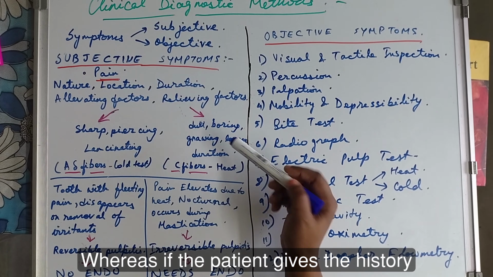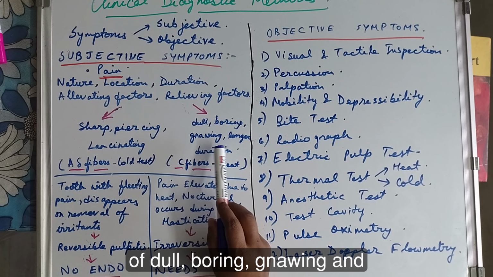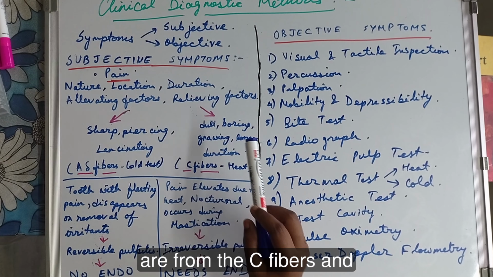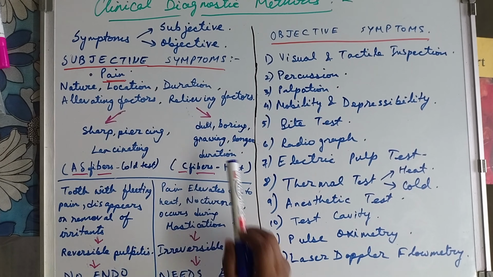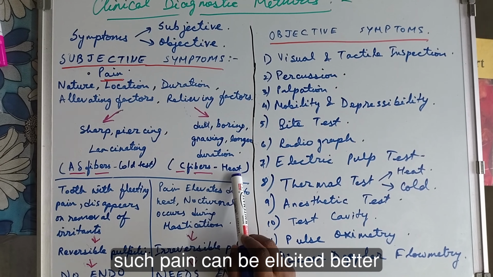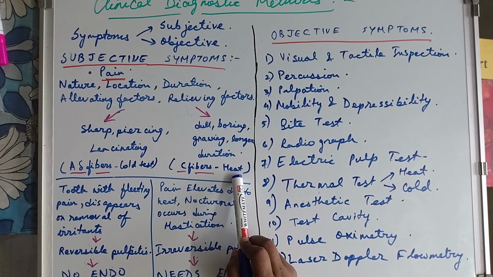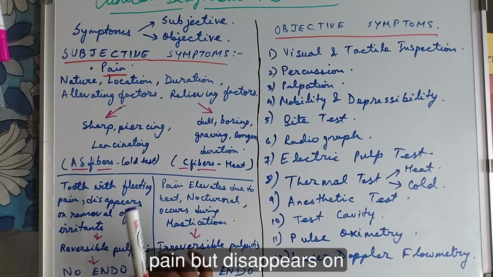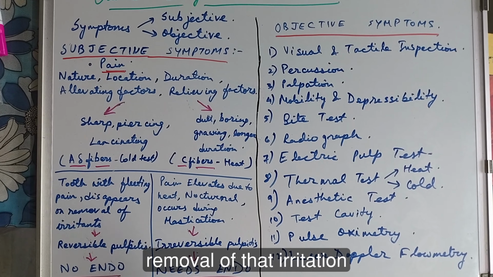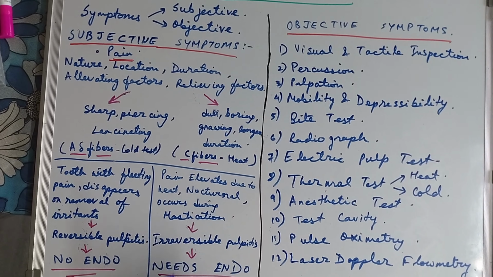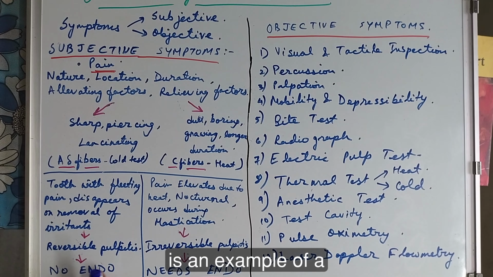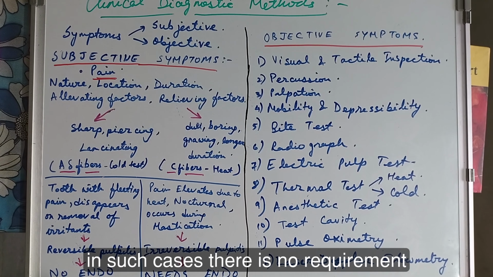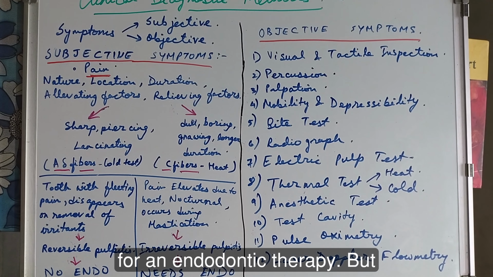Whereas if the patient gives a history of dull, boring, gnawing, and longer duration pain, those are from the C fibers, and such pains can be elicited better using heat. A tooth which has a pain but disappears on removal of that irritation is an example of a reversible pulpitis, and mostly in such cases there is no requirement for an endodontic therapy.